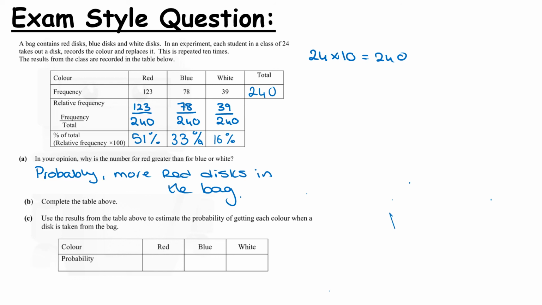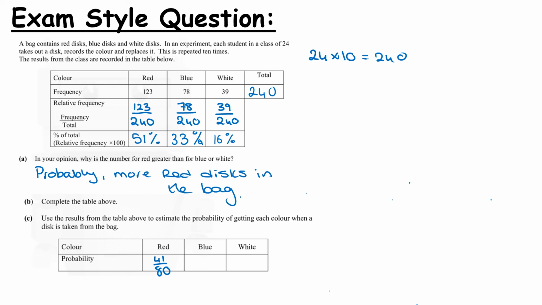Use the results from your table to get an estimate of probability for getting each colour when the discs are taken from the bag. So a probability is basically the same as the relative frequency, but we generally write those in, I would say, fractional form. So this would be 123 out of 240, which is actually 41 out of 80.